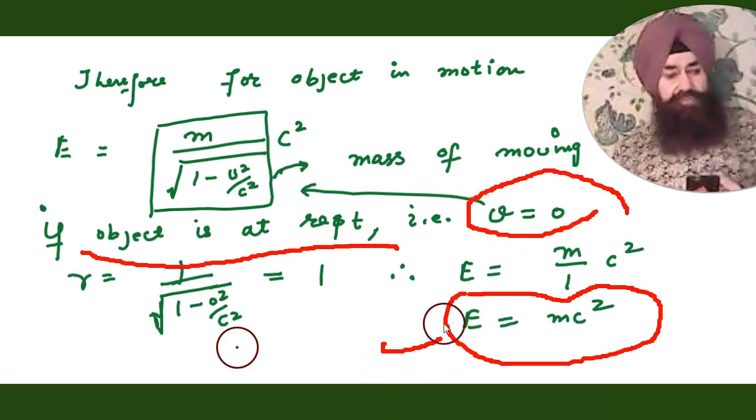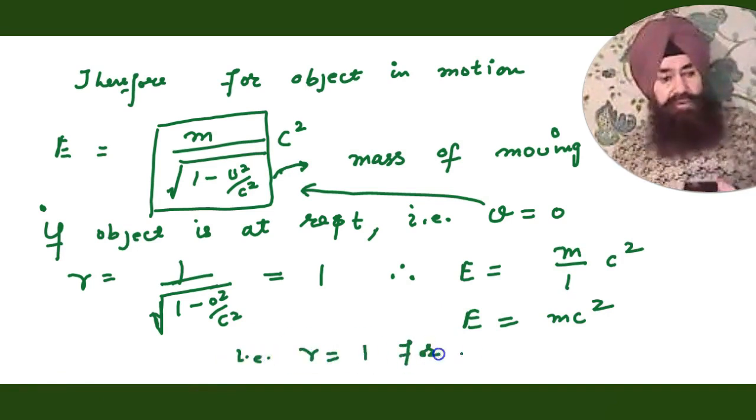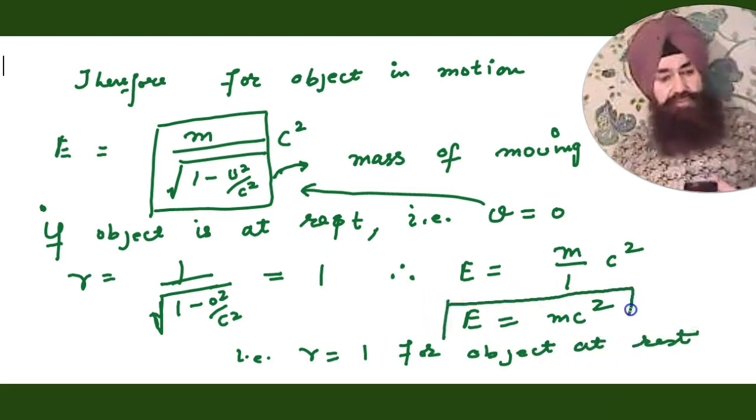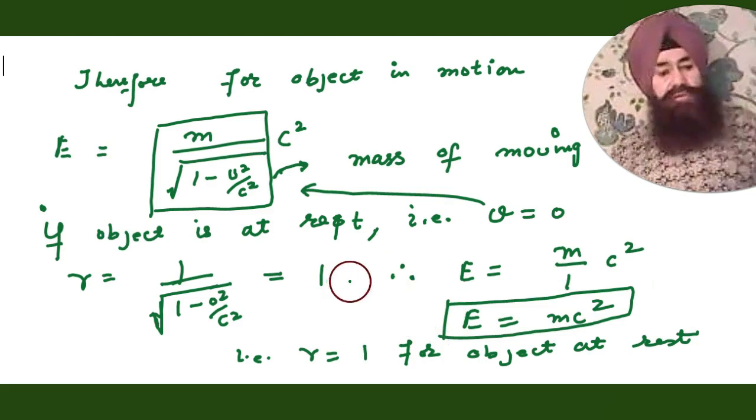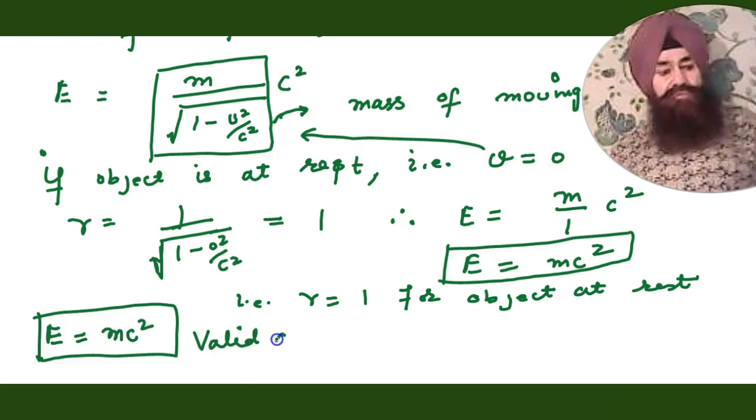But if the mass moves, then this equation becomes incorrect. So gamma is 1 for an object at rest, and E equals mc square is a valid equation only for the object at rest.